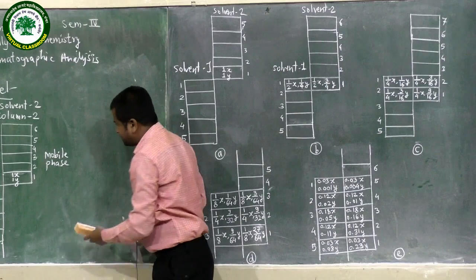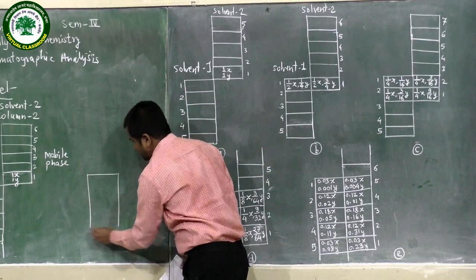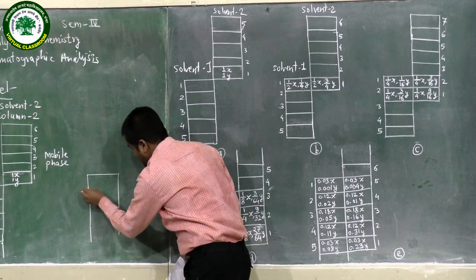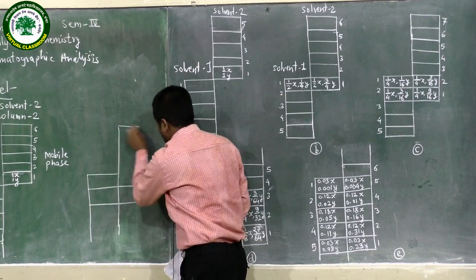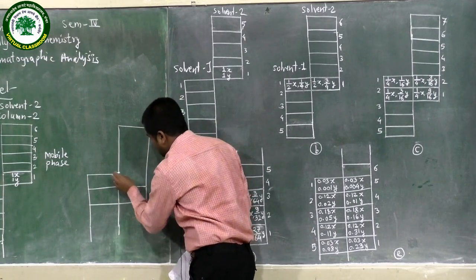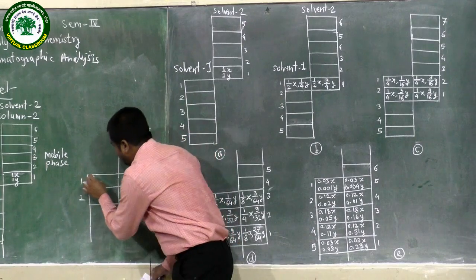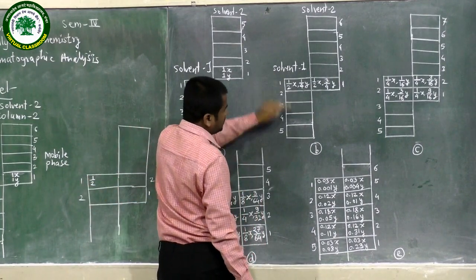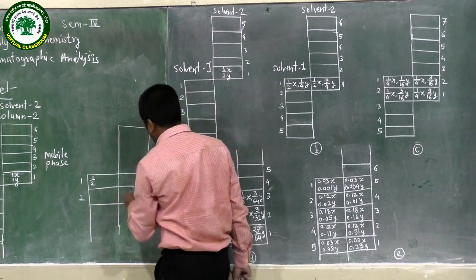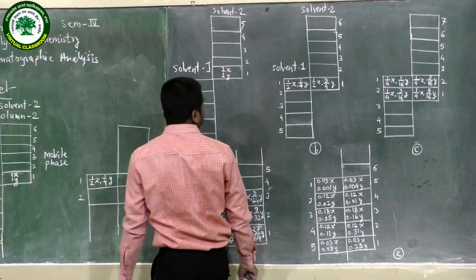The picture is like this. Like here we have in the first box, in picture B, 1/2 x and 1/4 y.